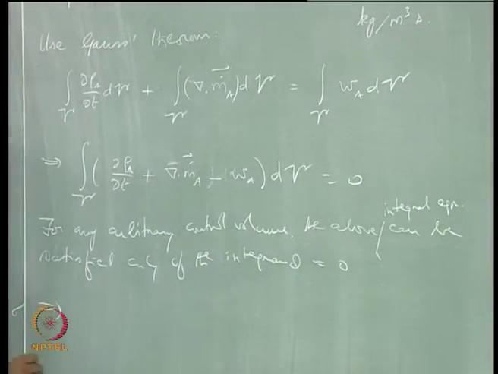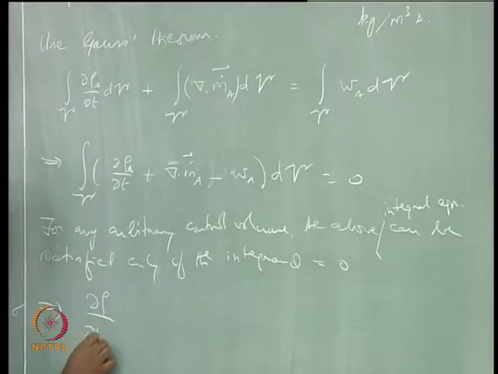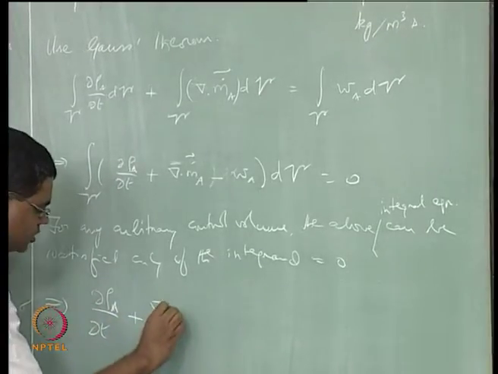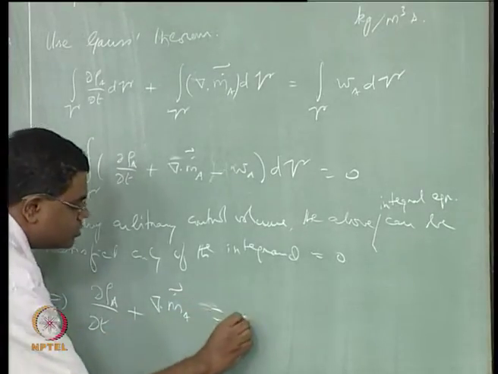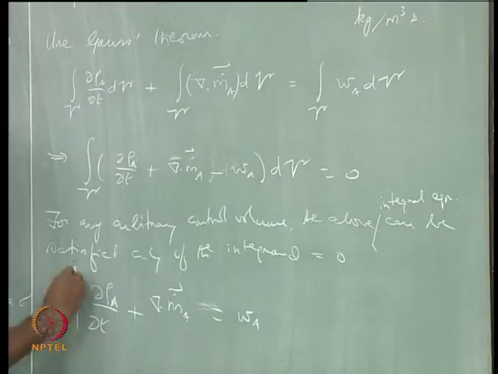So that implies ∂ρA/∂t plus divergence ṁA vector is equal to WA.